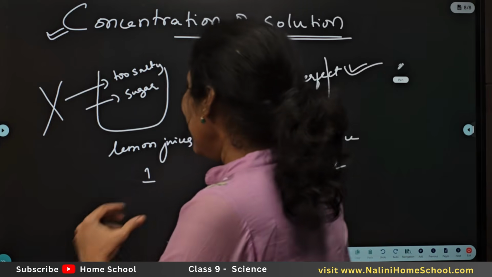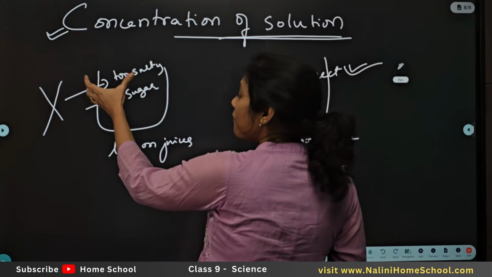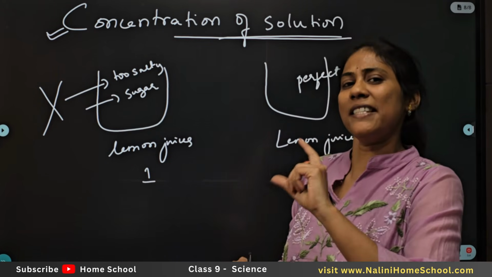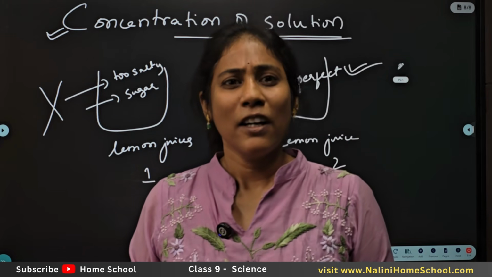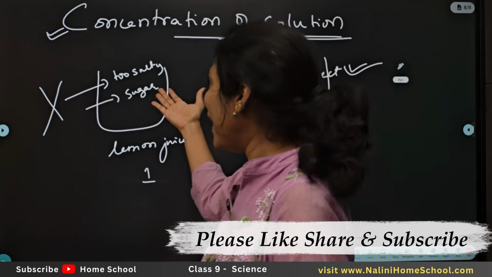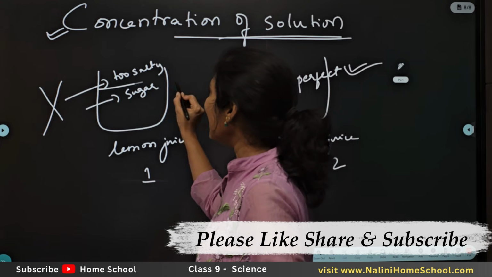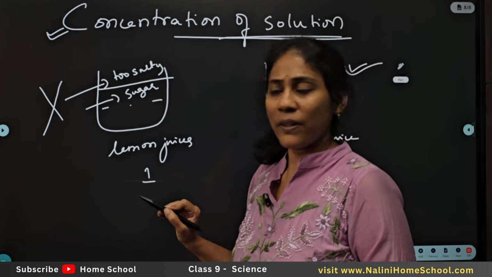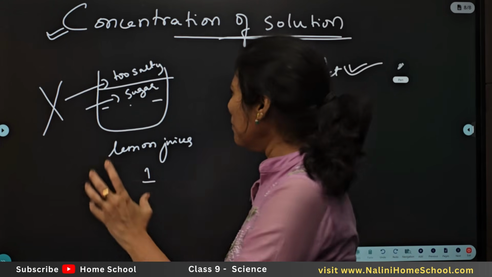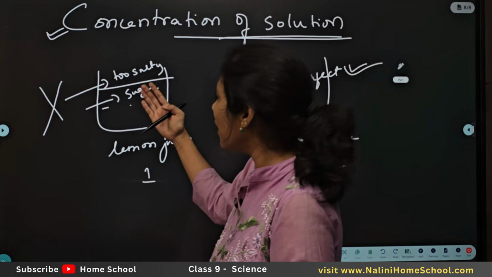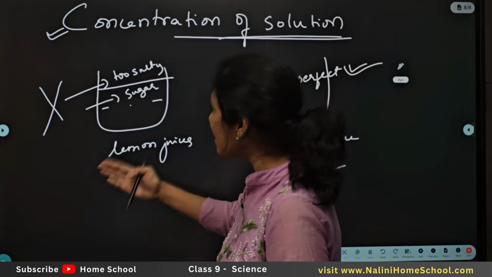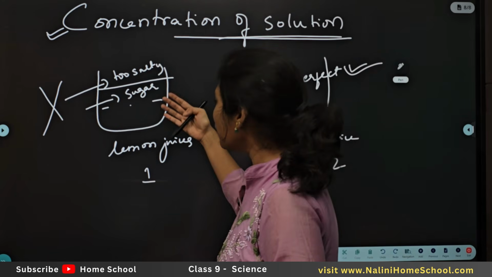So I asked the person who prepared this lemon juice one question. Oh my god, this is tasting so bad. How much amount of sugar did you add? Say he gave me 1 glass full of lemon juice. Definitely I would ask him, in this 1 glass of solution, how much sugar is there?